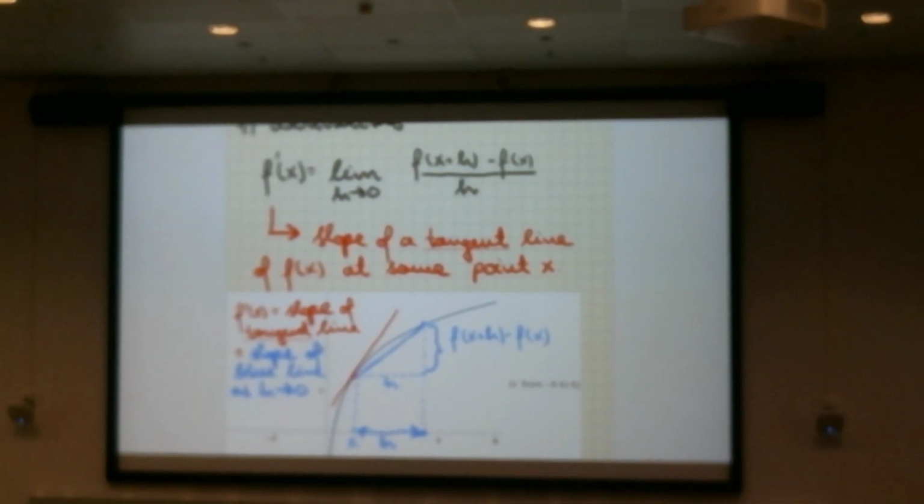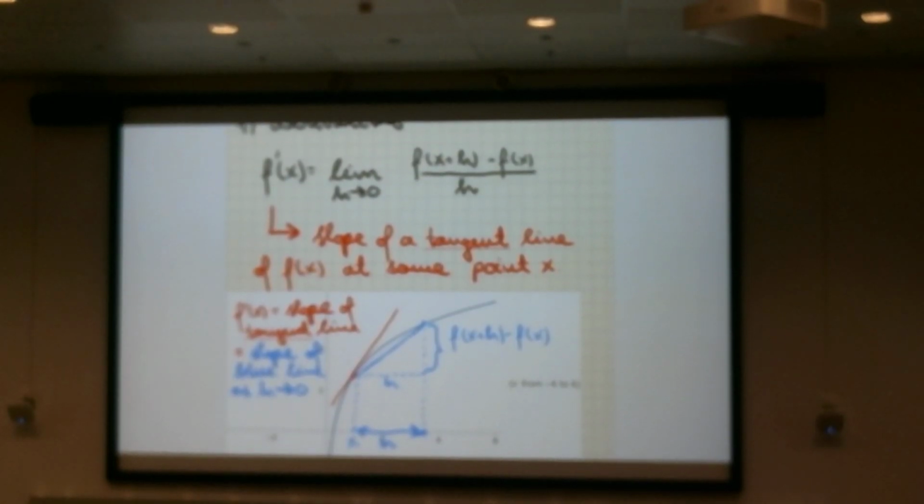Now, the problem here is that to find the slope of this line, you need at least 2 points on the x and y axis. However, we only have 1 point here. We do not know anything else. So this is where this definition of a derivative through the limit comes into play.